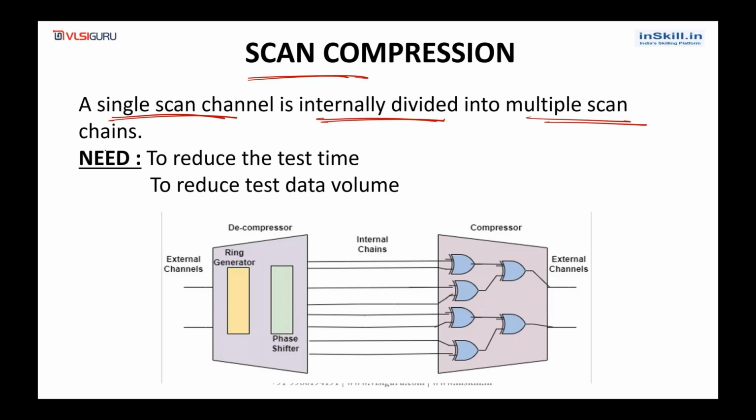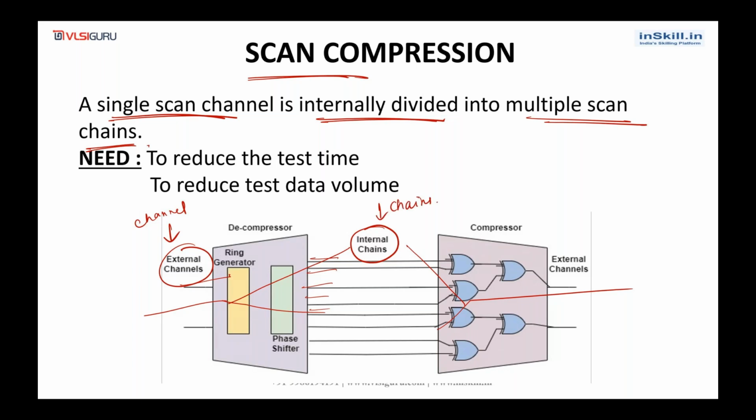Or you can say that these internal chains are compressed into channels. This is a channel, and these are the internal chains. So a single channel is internally divided into multiple scan chains.